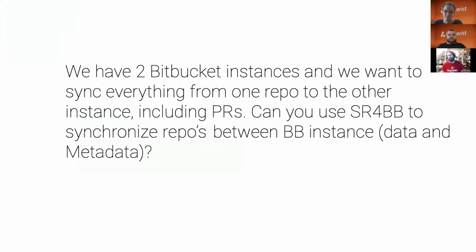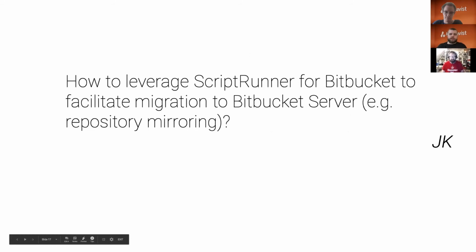Yeah, so there's 2 aspects to this question. There's data and metadata. And of course, it depends on what you mean by data and metadata. So data sounds like Git repository data. So in ScriptRunner for Bitbucket, we have some functionality called mirroring. Effectively, what that allows you to do is clone a remote Git repository to Bitbucket server in a read-only fashion.